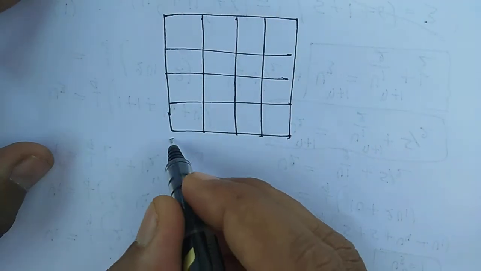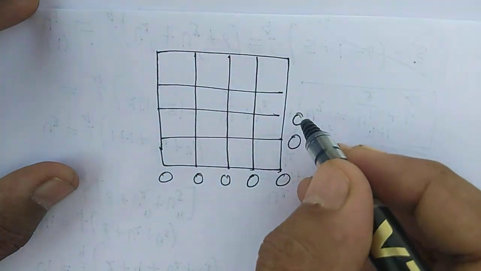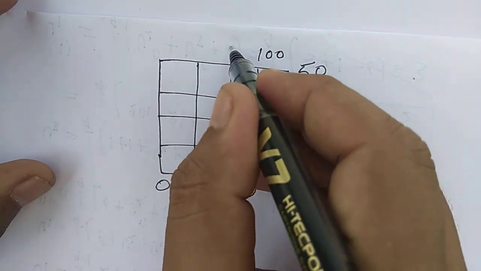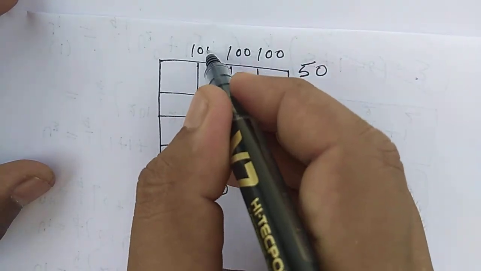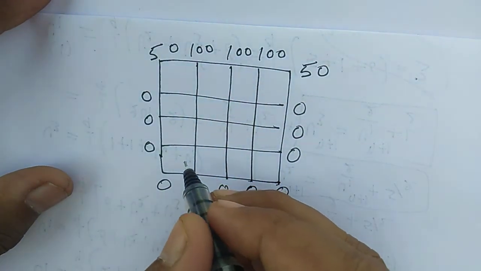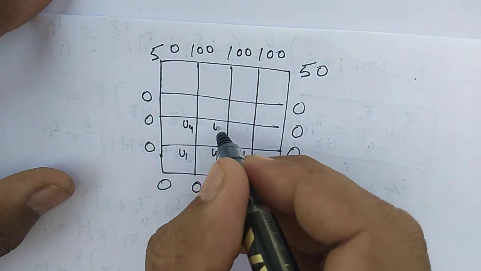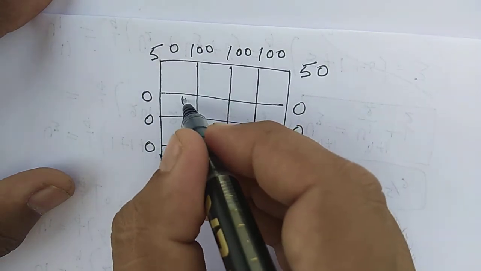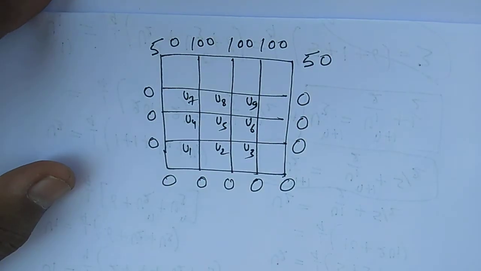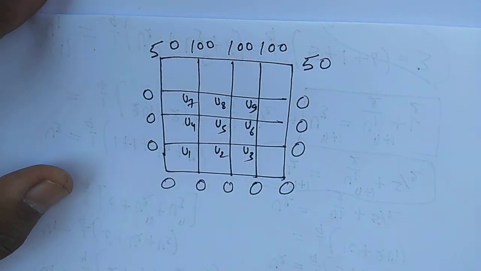So the boundary condition is 0 0 0 0 0 0 0 0, 50, 100 100 100 50 0 0 0, and here we have u1 u2 u3 u4 u5 u6 u7 u8 u9. So the question is, solve the Laplace equation for this domain.